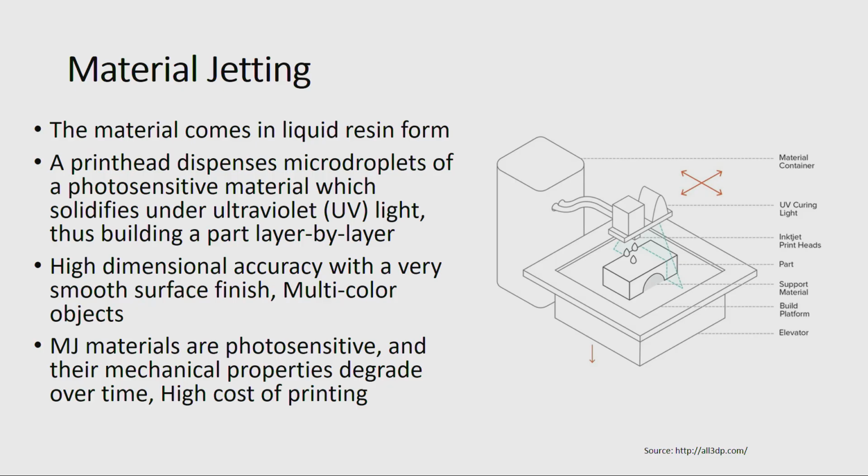So the objects made using material jetting cannot be used for a prolonged time or for some dynamic applications. It also has a high cost of printing. The printer comes at a very high cost, and the material is also costly.